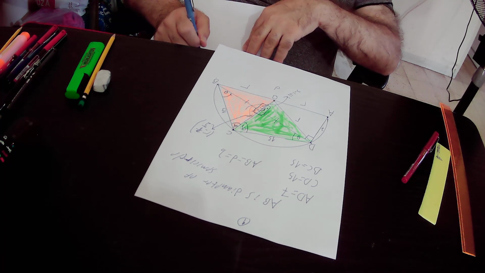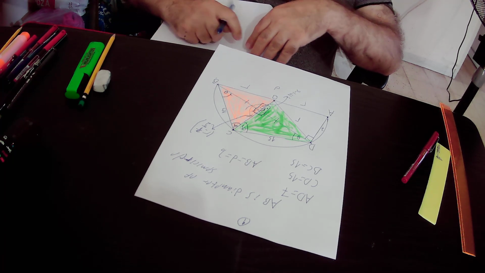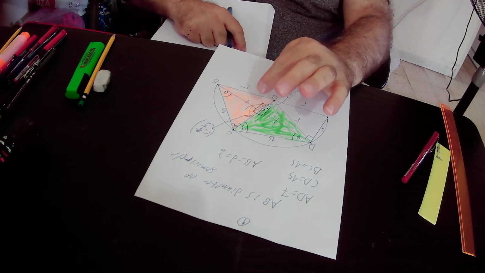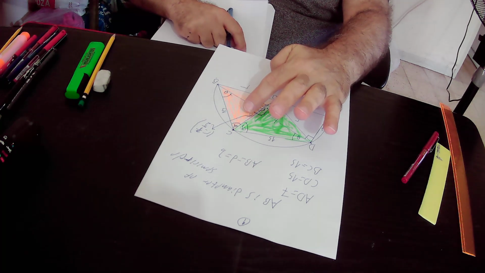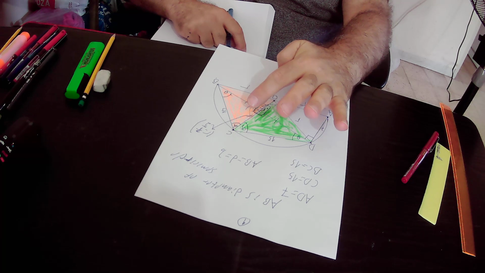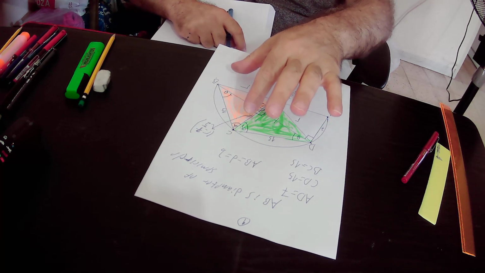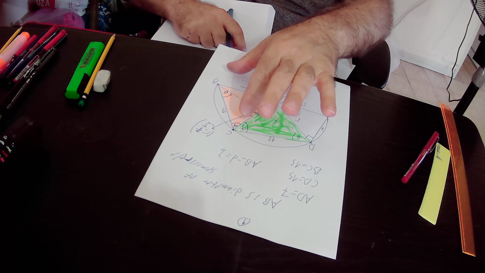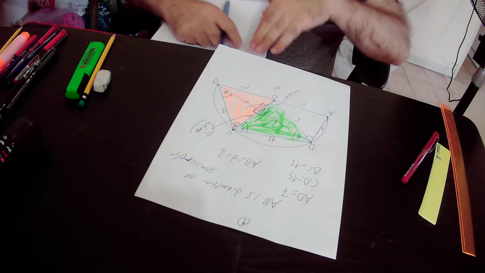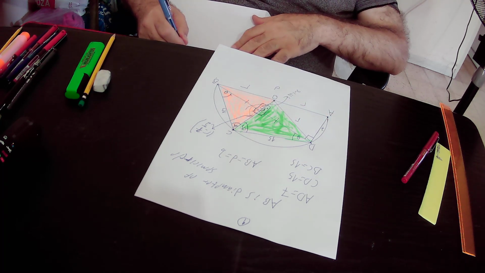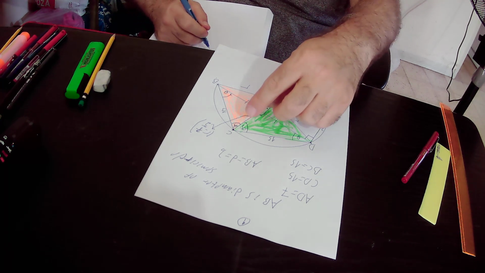But from the other side, if we focus on triangle BEC, EB square will be equal to the hypotenuse square, that is BC square, minus EC square.